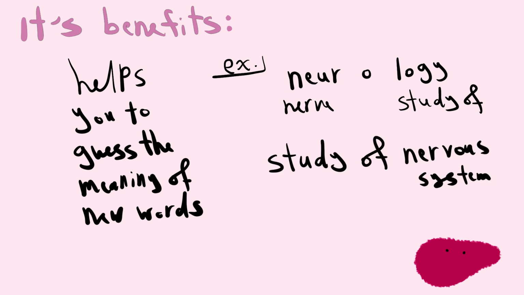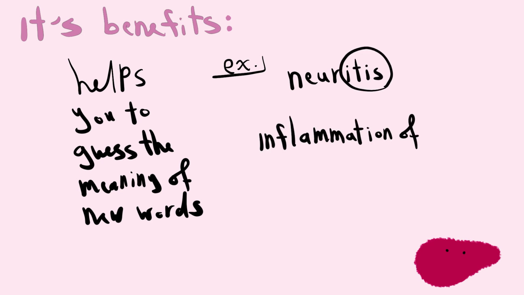The word means the study of the nervous system. Neuritis. We have the suffix itis, which means inflammation, and neur, which means nerve. It means inflammation of the nerve. And by knowing the meaning of roots, suffixes, and prefixes, you will guess the meaning of many new words.